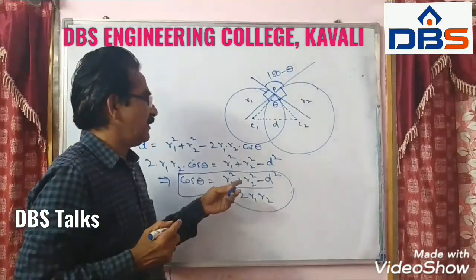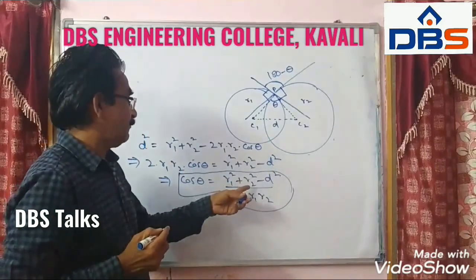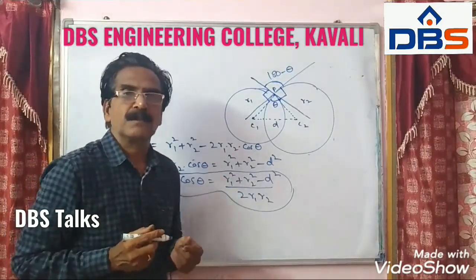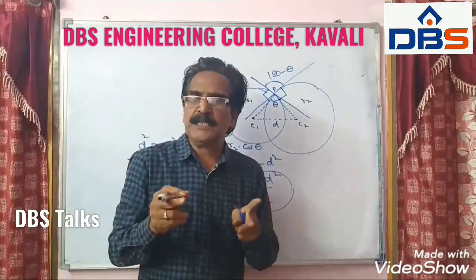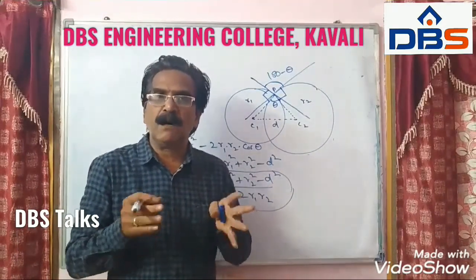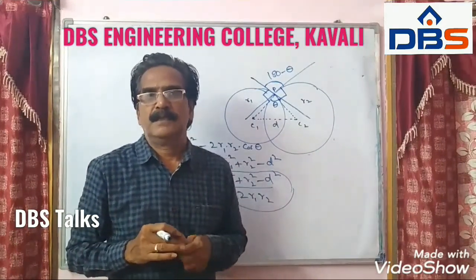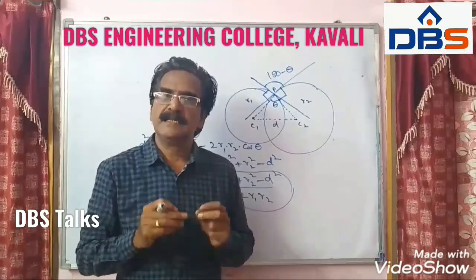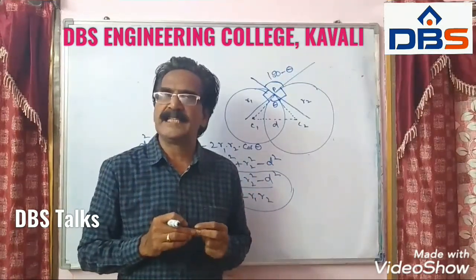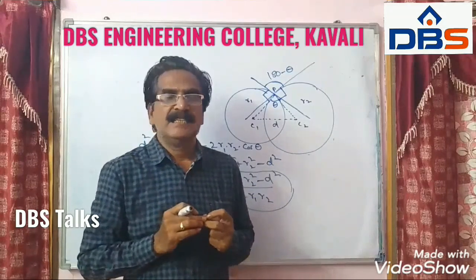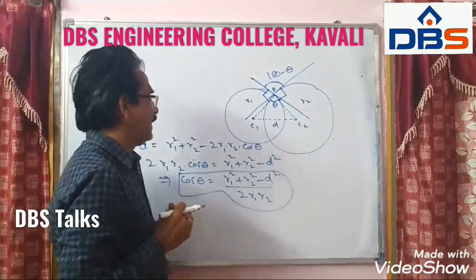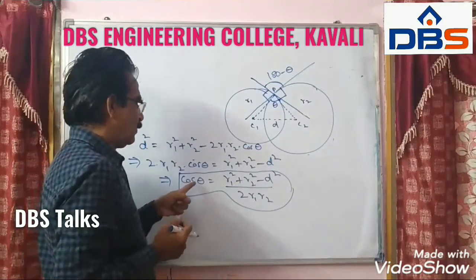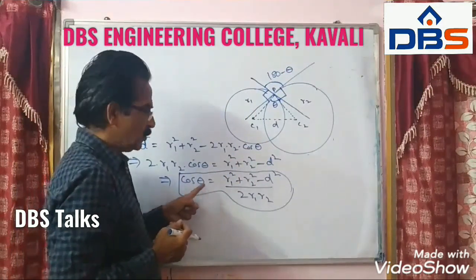Okay, friends. From this we can draw one more conclusion. If the two circles intersect orthogonally, that is, the angle between the two tangents is 90 degrees, then cos of 180 minus theta means cos theta, so cos 90 is 0.